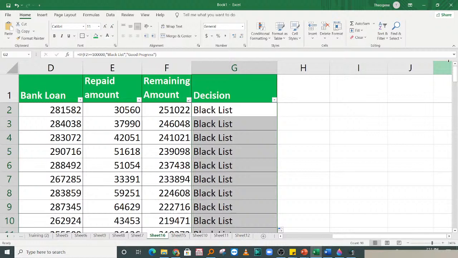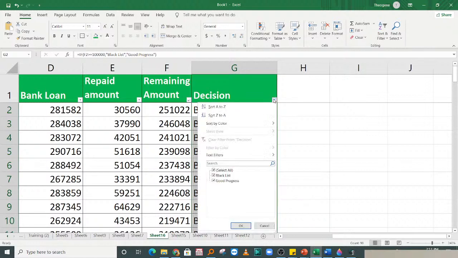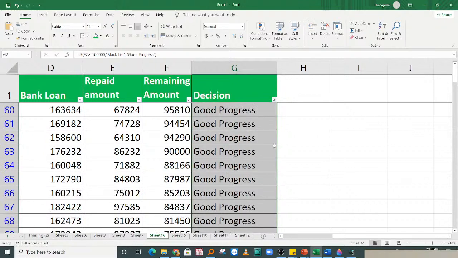Okay, so we can make sorting there in decision. For example, we go to sort, then we select good progress first, for those people who are in the right way of making repayments. So how many people do we have?